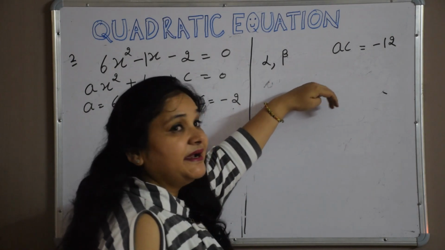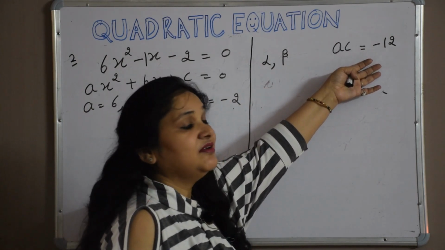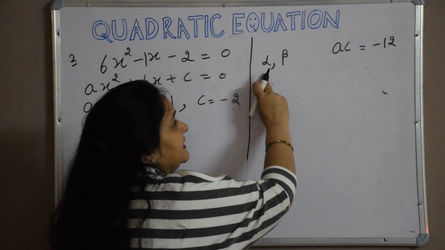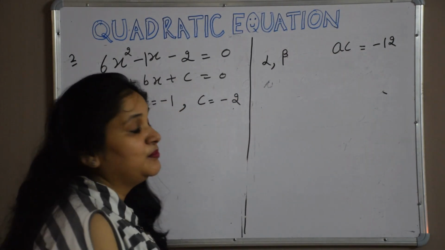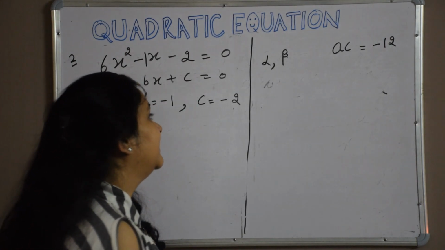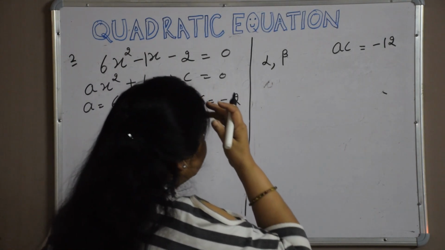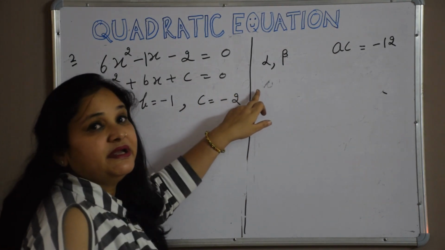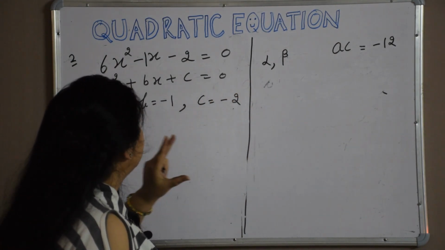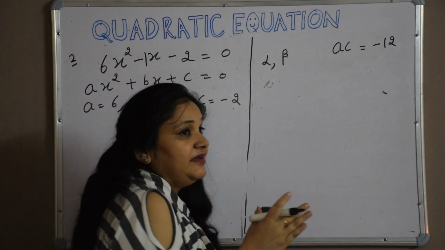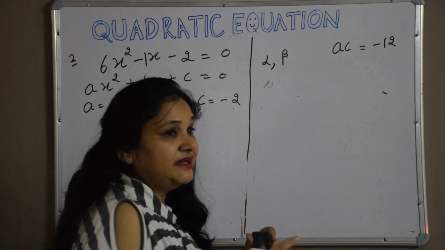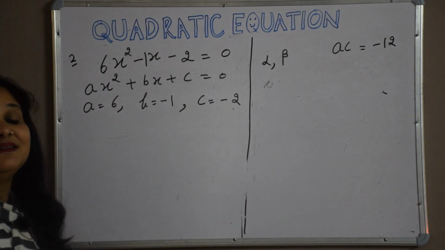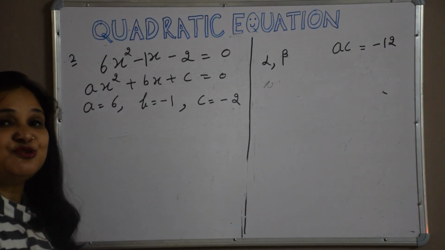If both are negative, then also the product can never be negative. So it shows us that one is negative and one is positive, only then the product can be negative. And one more thing we have to see, our b is also negative. Whenever we add one positive and one negative and we want the answer in negative, the number which is negative should be greater.